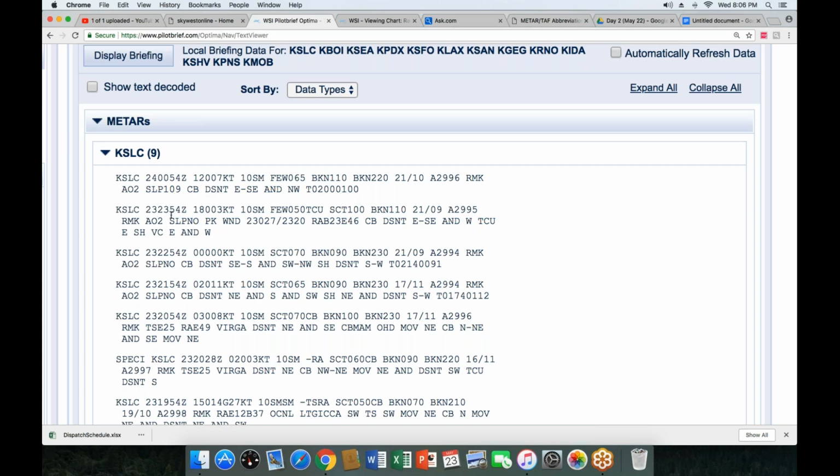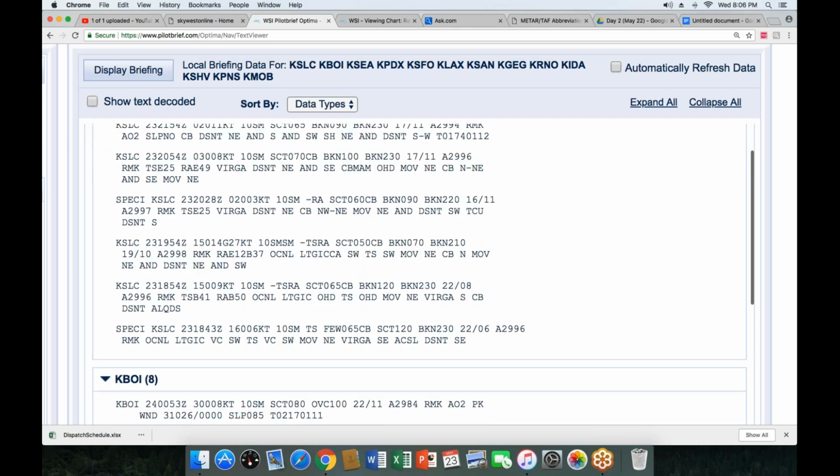So when it says sea level pressure not available, what it's saying is that the sea level pressure reading device isn't working at that point. So it'll give you an accurate sea level pressure.